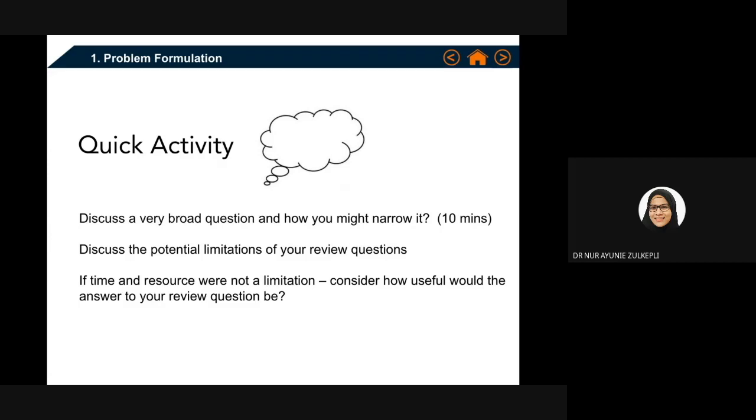Let's say, like I gave you an example just now about molecular biology, or you want to study about the medicinal plant, for example, herbal medicinal plant, and you narrow it that you want to study about the anti-inflammatory of that plant, and you narrow it again, you specify which plant you want to use, okay, and discuss the potential limitation of your review question. So that is how you generate your review question. You have your broad topic and then you narrow it.